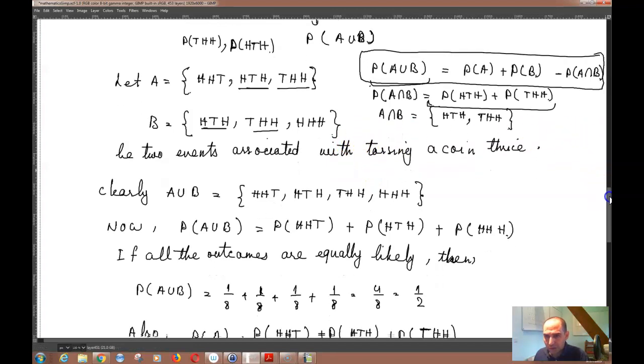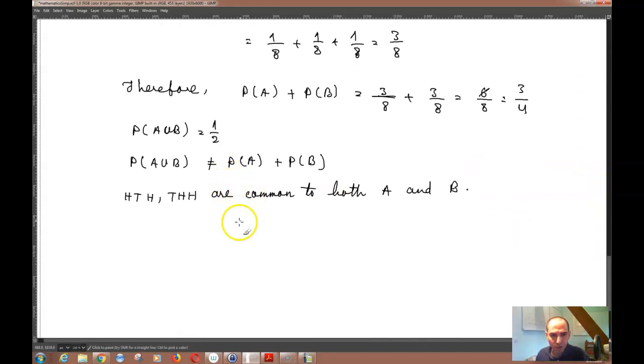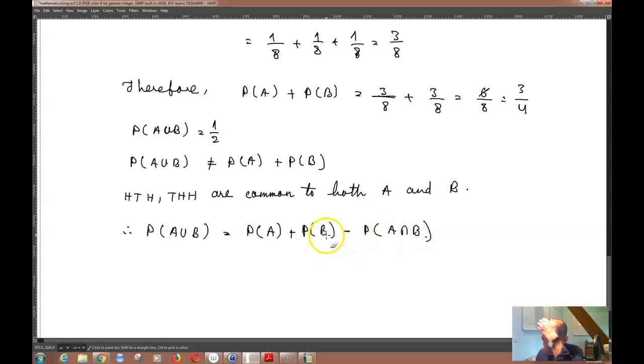So then you can say that the probability of A union B is the same thing as the probability of A plus the probability of B minus the probability of A intersection B. Here it says that in the computation of P of A plus P of B, the probabilities of points HDH and THH, that is the elements of A intersection B, are included twice.